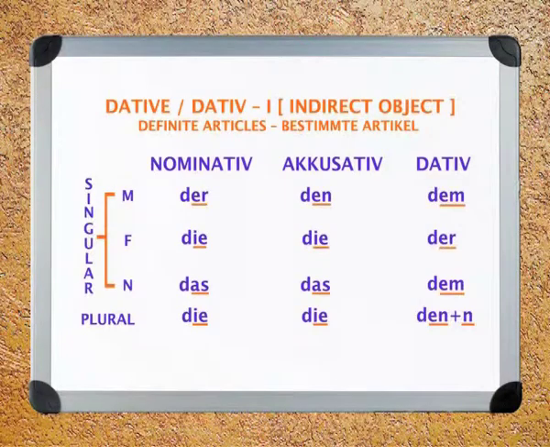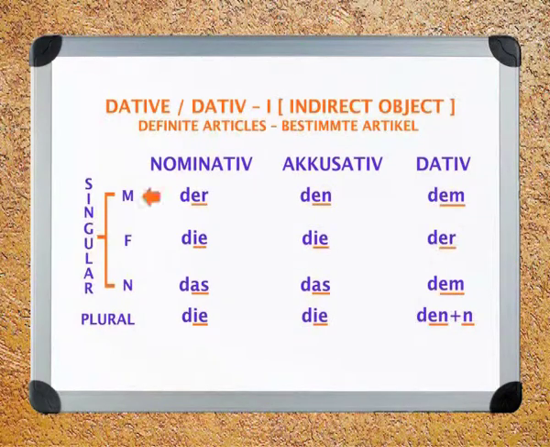Now, let us look at how dative functions for the bestimmte Artikel, or definite article, in German. You are already familiar with the definite article in nominative and accusative. You know there are definite articles which are der, die, das and die in nominative, and in accusative we have den, die, das, die.